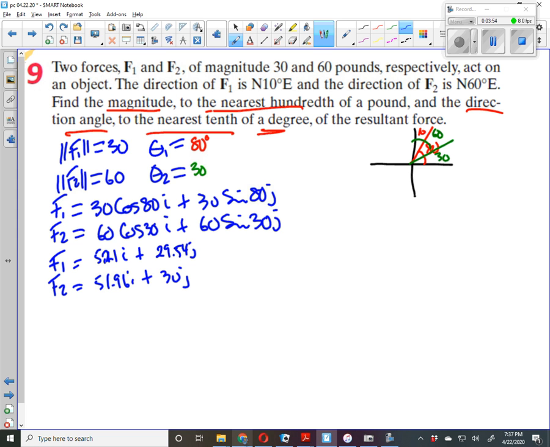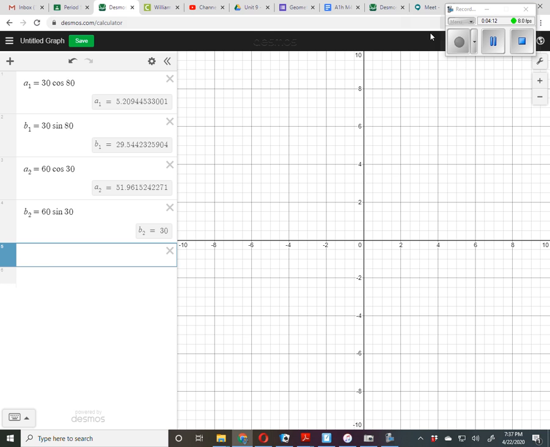Okay, so now next we need to add those together. We want a result of F1 plus F2. Best way to do that is to go back to Desmos and literally add A1 plus A2 and B1 plus B2.